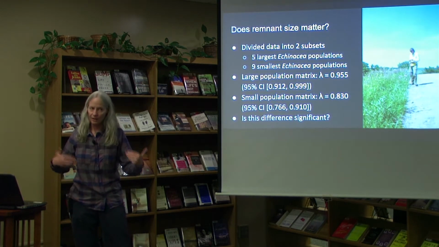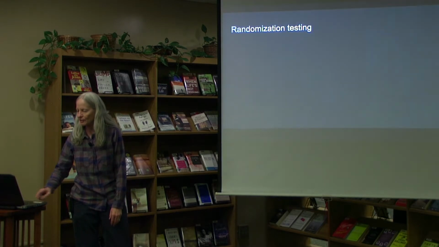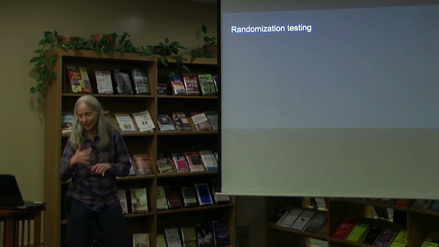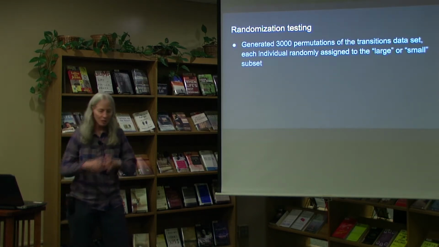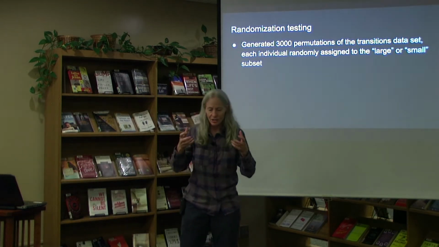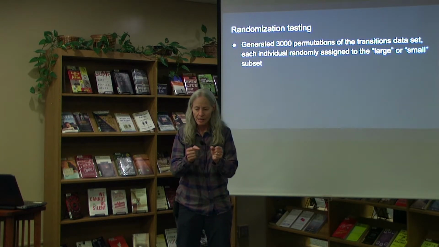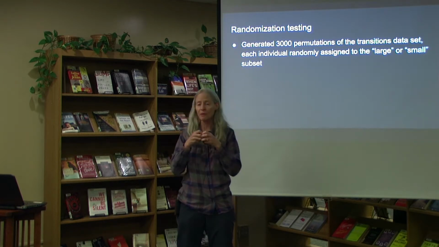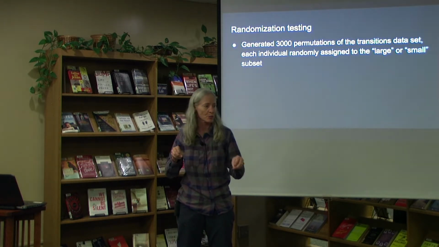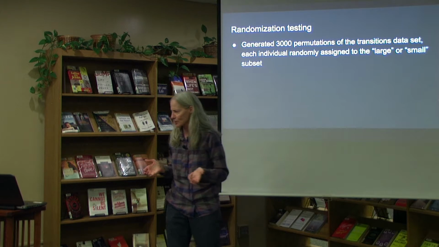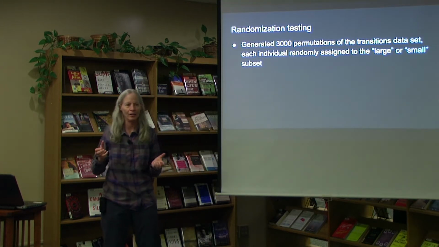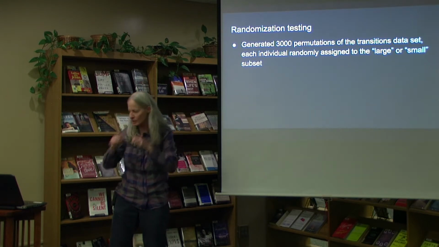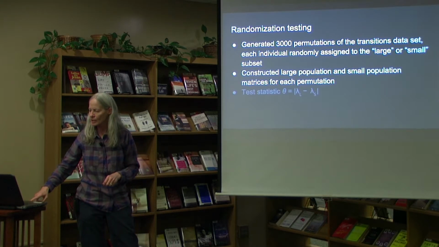To figure out if this difference was significant, I did randomization testing, where I did a different kind of sampling. Instead of assigning plants to the actual prairie remnants where they live, I randomly assigned them to the large or the small matrix. And I did that 3,000 times, so that I generated 3,000 large and small matrices and calculated the difference in lambda for each one of those.